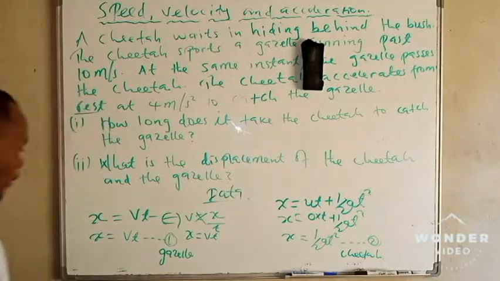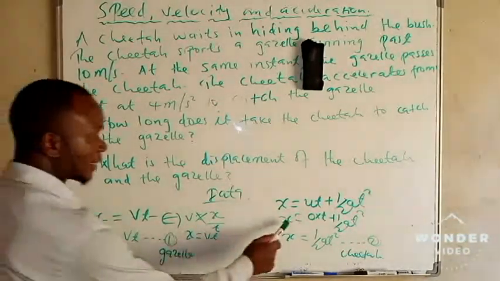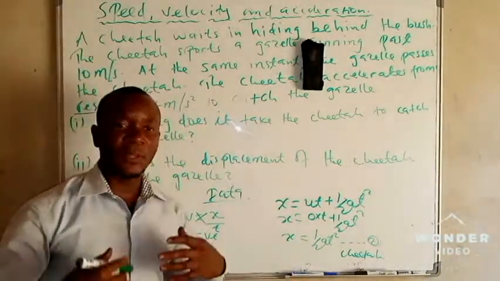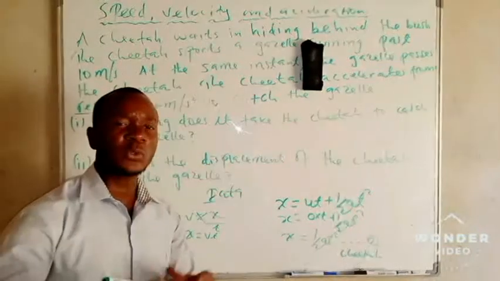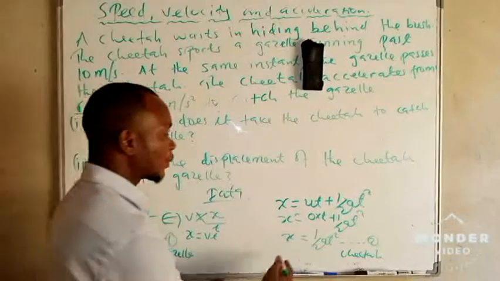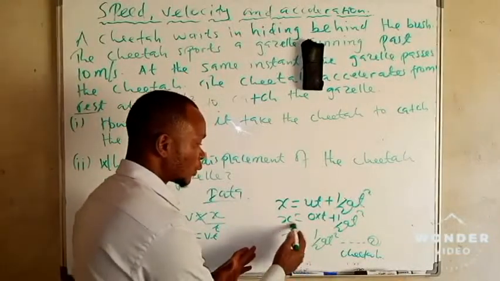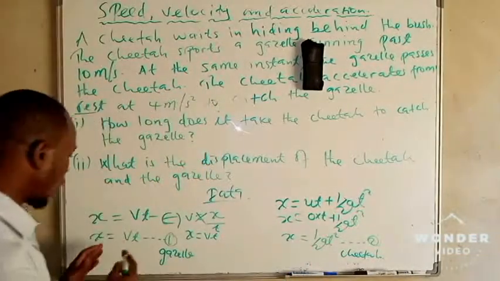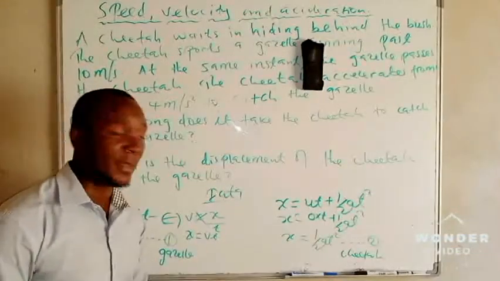Now, since this is displacement and this is displacement, for the cheetah to catch the gazelle, it is going to cover the same distance that the gazelle is going to cover. So it is not wrong to equate equation 1 and equation 2, because the displacement is going to be the same.